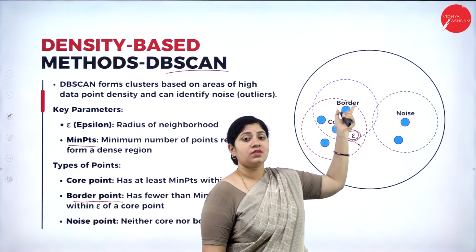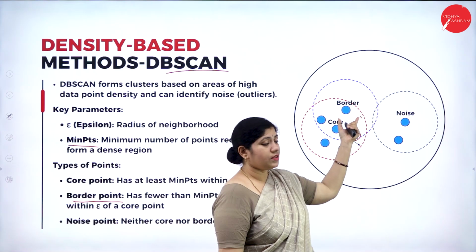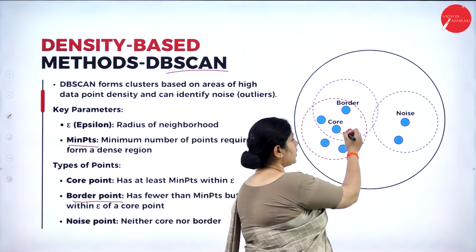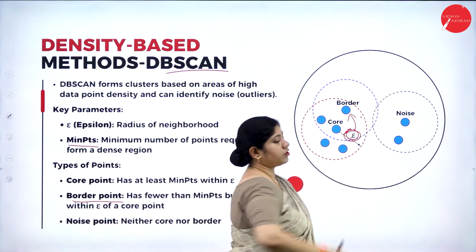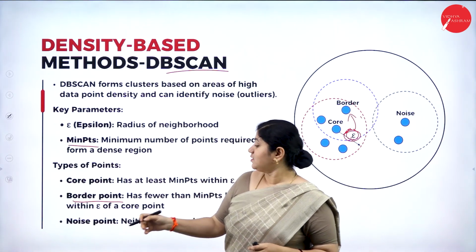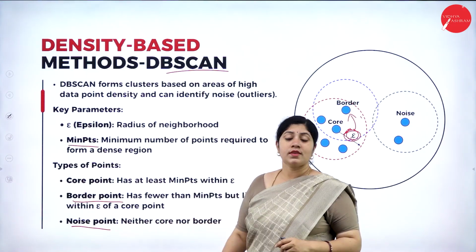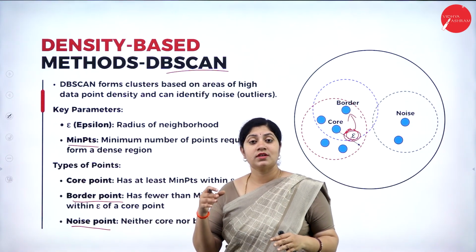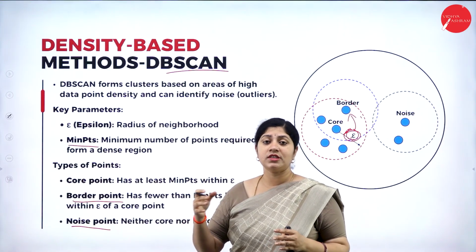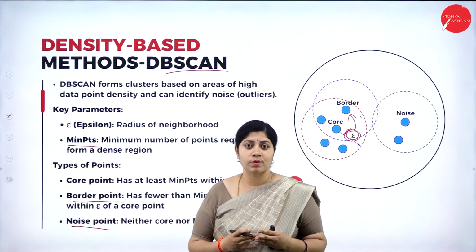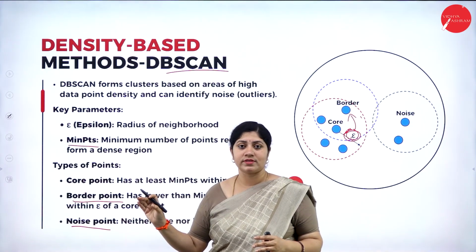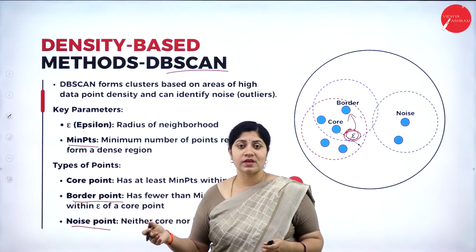You can observe here that the border point lies within the epsilon of a core point, so within this radius the border point is situated. Up next, the third is the noise point. The noise point is not within the core point or within the border point, so it is completely considered as noise. So these are the three different types of points.